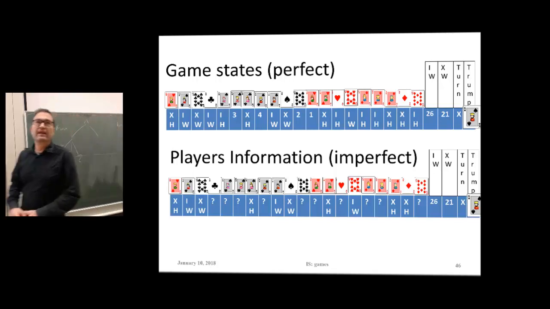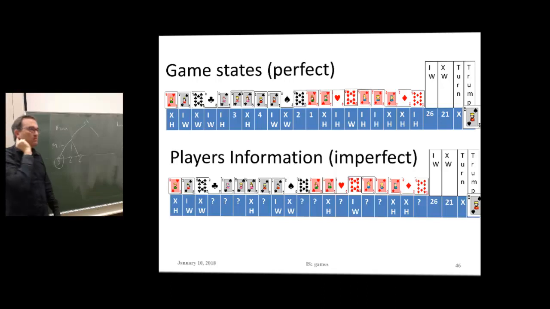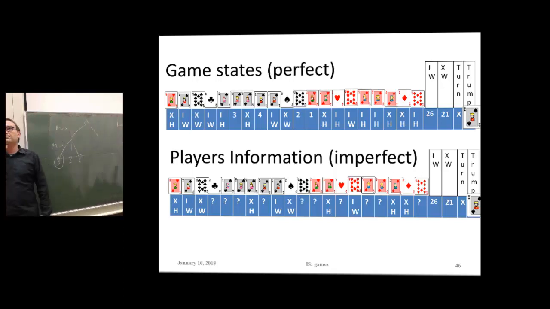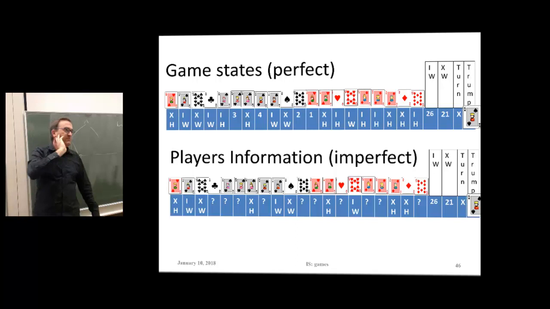And if you're a reasonable player, you know how many points you have already won. If you are a slightly better player, you also know how many points your opponent has. And if you are an even better player, you also know which cards have already been played and won.